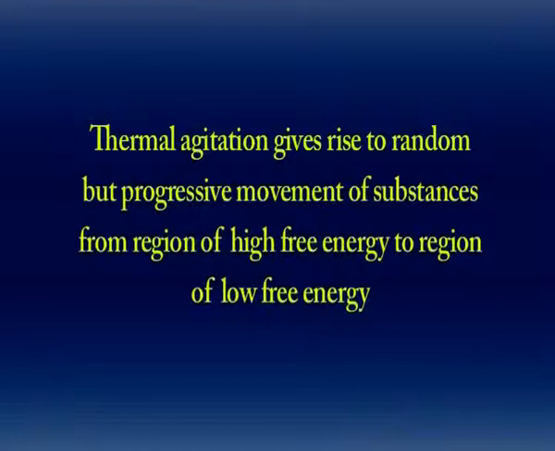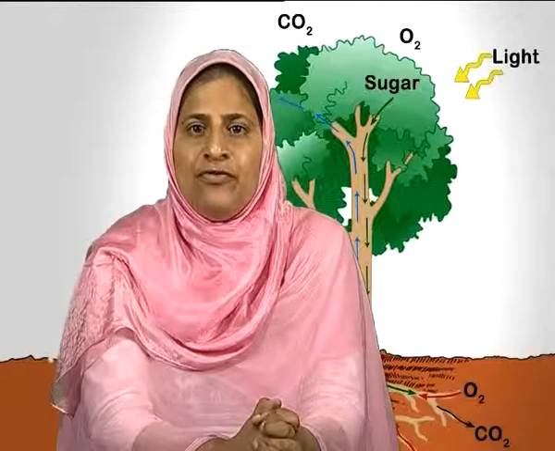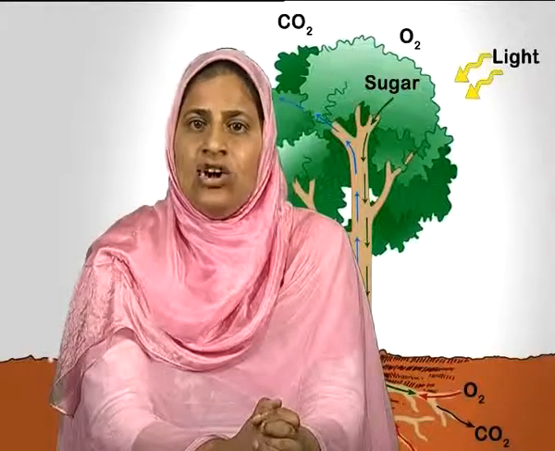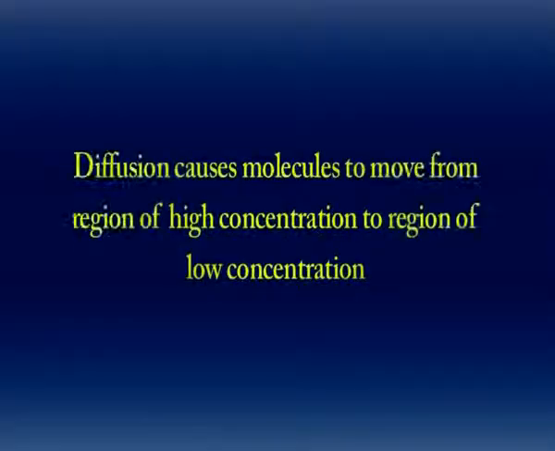Such agitation gives rise to random but progressive movement of substance from a region of high free energy to a region of low free energy. As long as other forces are not acting on the molecules, diffusion causes molecules to move from a region of high concentration to a region of low concentration, that is, down a concentration gradient.